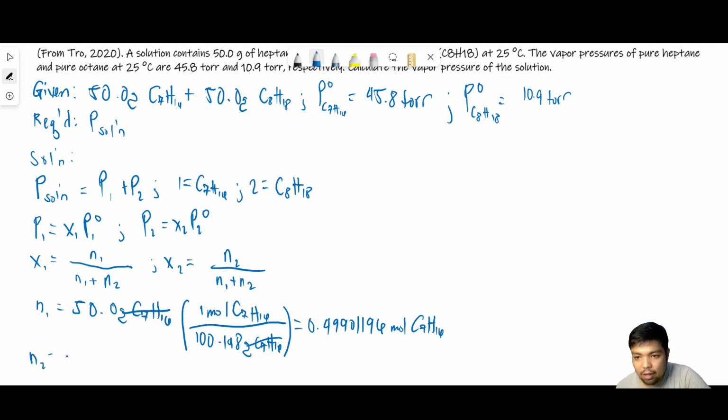So for the moles of octane, we also do the same thing, but we now use the molar mass of octane, obviously, as our conversion factor. Sorry if it seems congested. Equal to 0.22. So the molar mass of octane is 114.224 grams per mole.